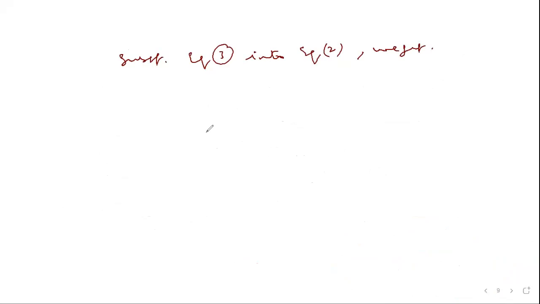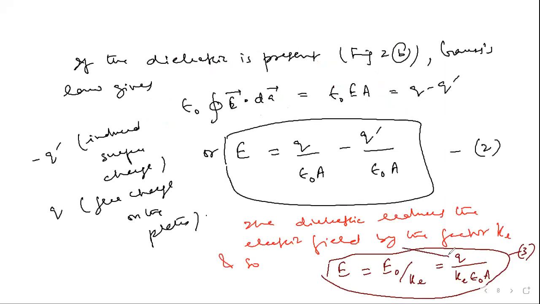I get Q by Ke epsilon naught A equal to Q by epsilon naught A minus Q prime by epsilon naught A. I have got this and put it here.